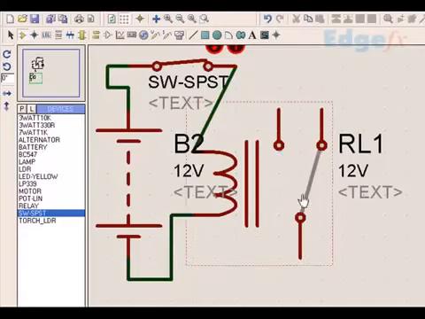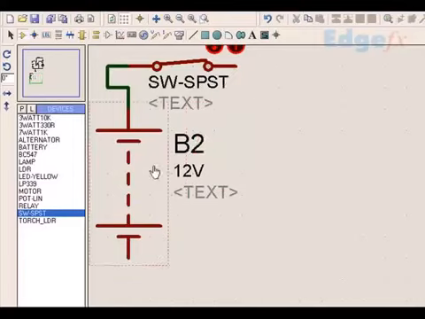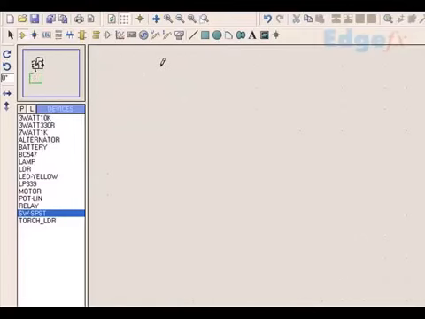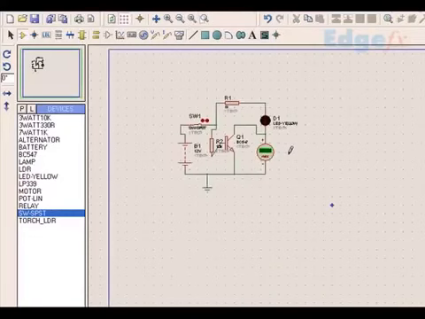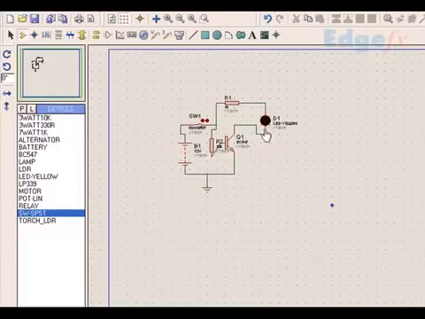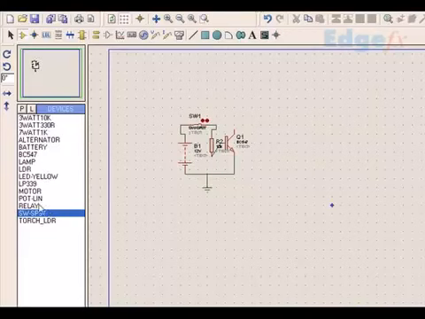Let's see how we utilize it for some purpose. Okay, we go back to the same circuit that we have at the top, and we will replace the transistor with a relay. Now let's disconnect this, and disconnect this, and what I do is I take a relay.